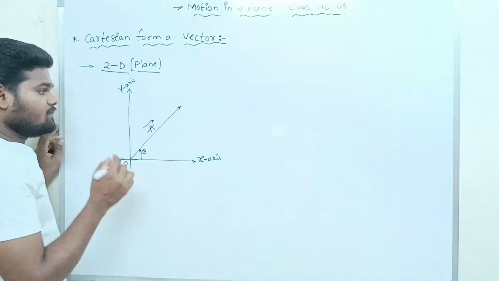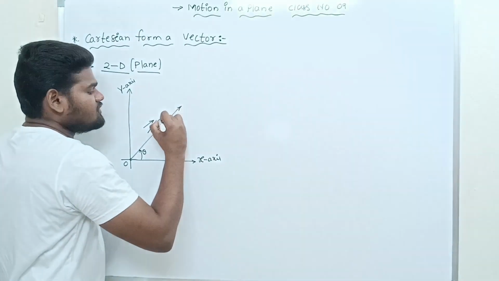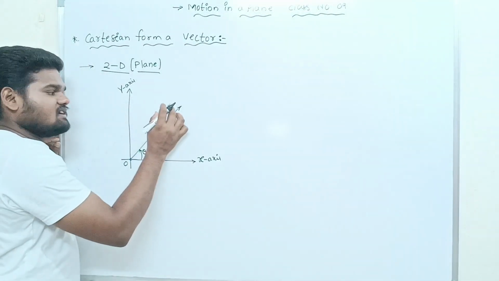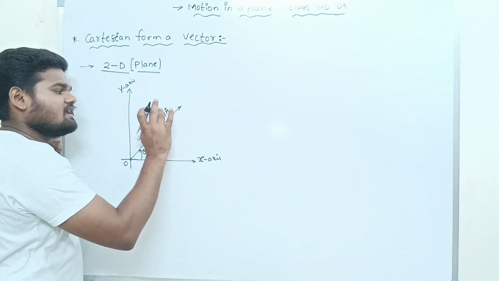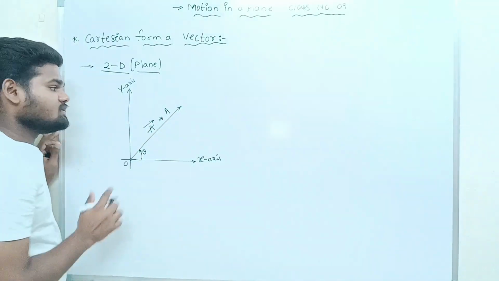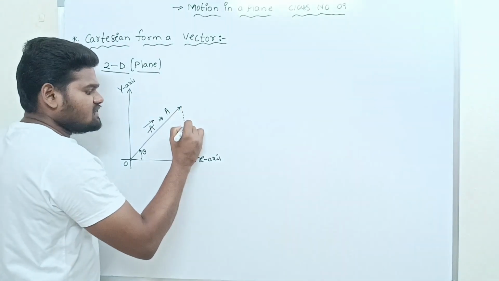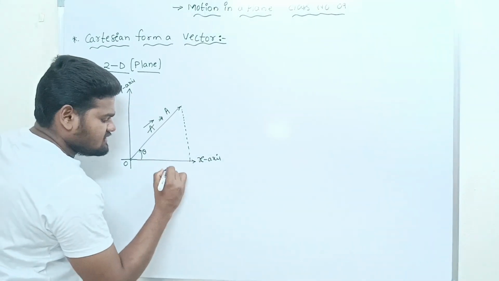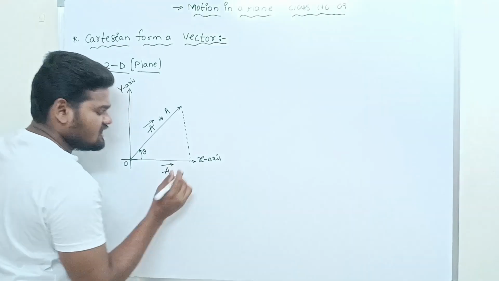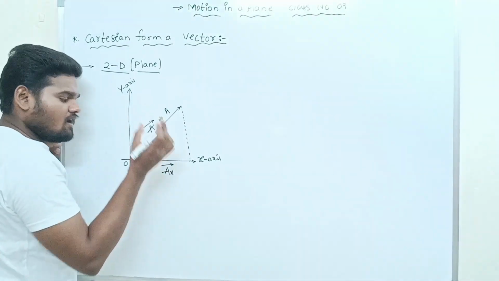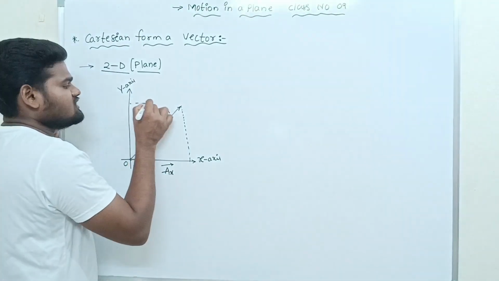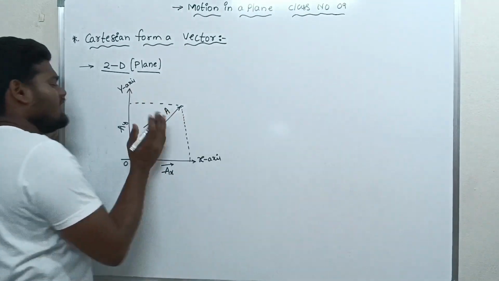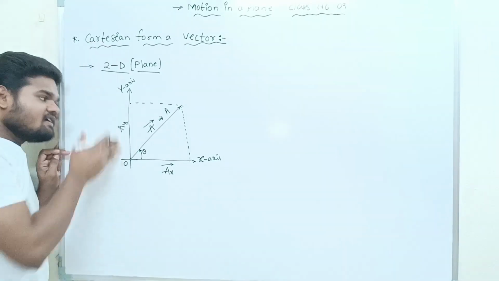Now I'm taking the magnitude of this a bar vector as capital A. Let us say capital A is the magnitude. And I'm taking the projections of this a bar vector. The projection of a bar on the x-axis is ax bar, and the projection of a bar on the y-axis, let us say, is ay bar.